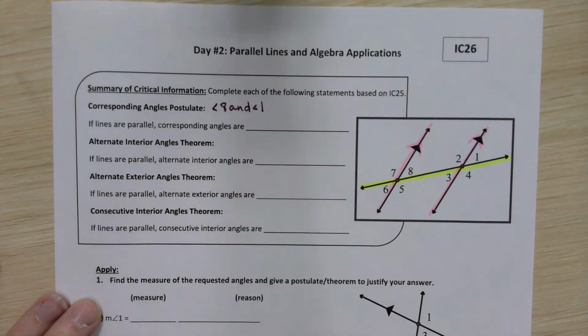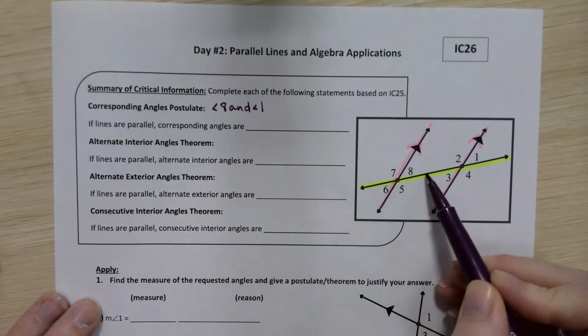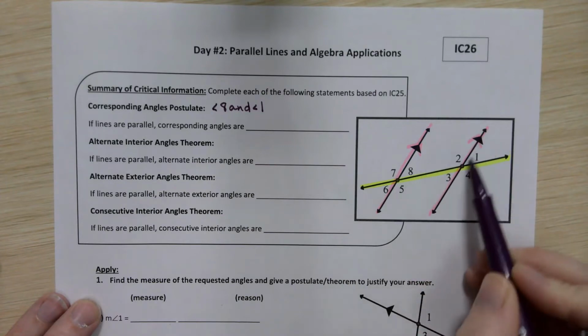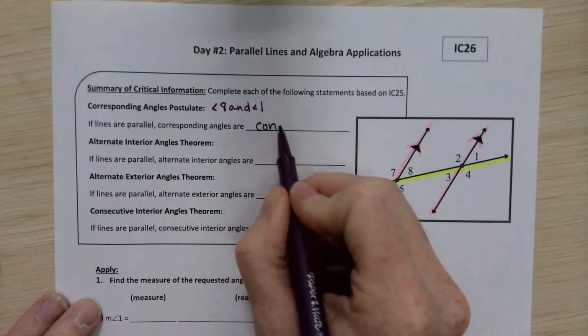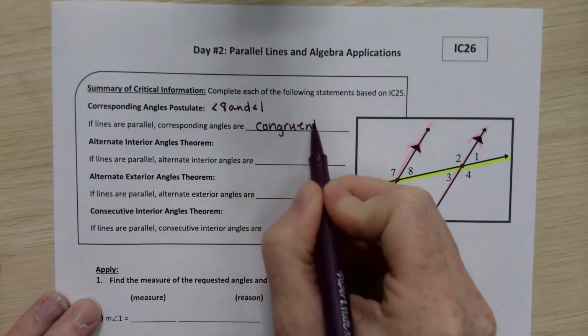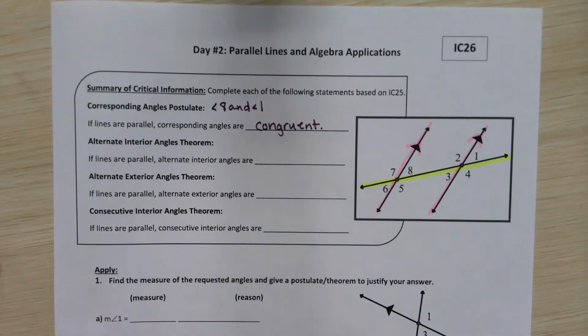Angle 8 and angle 1 would be an example of corresponding angles. In the last lesson, we talked about how one corresponding angle translates to create the other corresponding angle. That means those corresponding angles will be congruent when lines are parallel. A translation is a rigid motion, so those angles stay exactly the same size and shape.